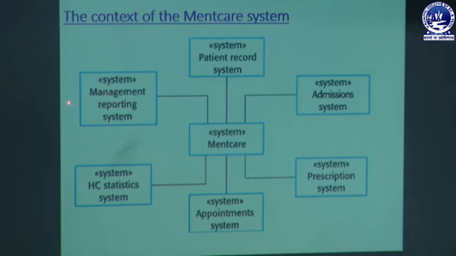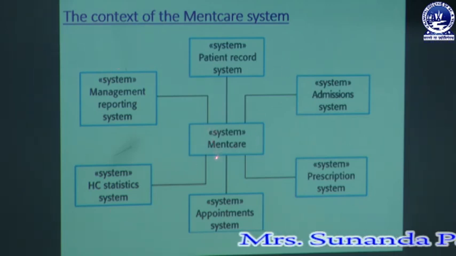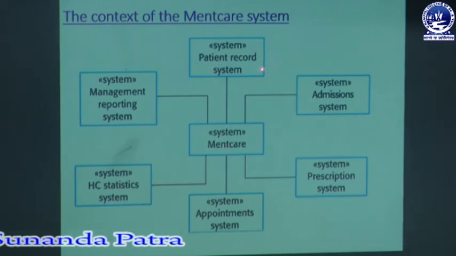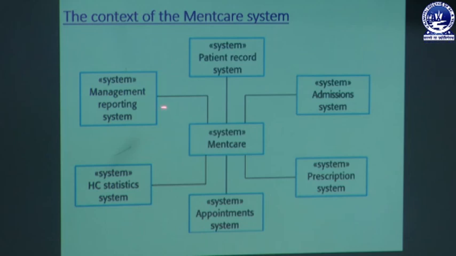So, when we gather all these 6 systems together, then we can form the Mentcare system. We cannot have a Mentcare system except with the patient record system or the appointment system. When we collect all these subsystems into a system, that is known as the Mentcare system.